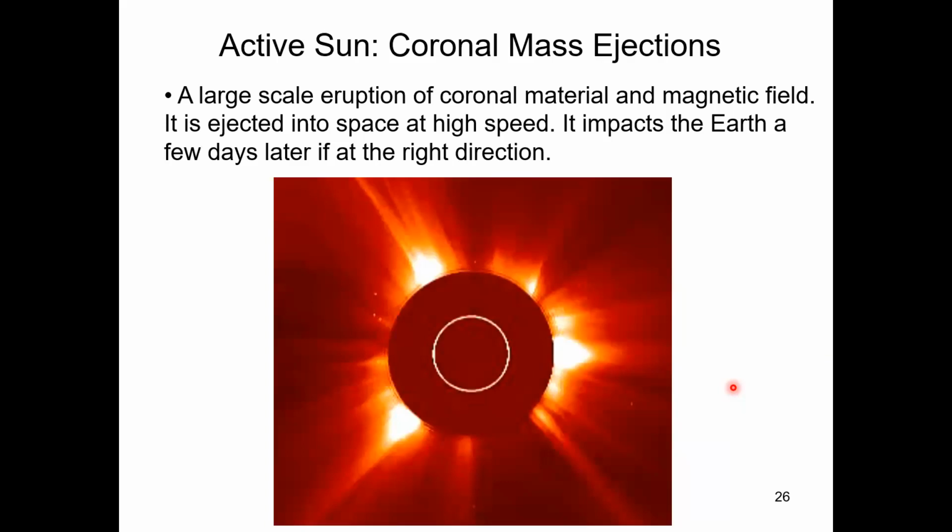Now, the last part of the lecture is coronal mass ejection, CME. Corona is the part of the atmosphere of the sun where matter gets ejected completely from the sun. These are plasma, high energy particles flowing through space.